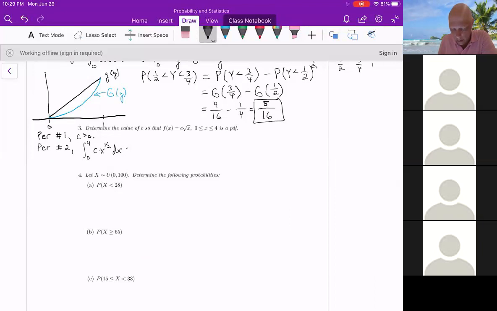And so when I actually evaluate this integral, the integral of x to the 1/2 is going to be x to the 3/2 divided by 3/2, which is 2/3 c x to the 3/2 evaluated from 0 to 4. So that is 2c over 3.